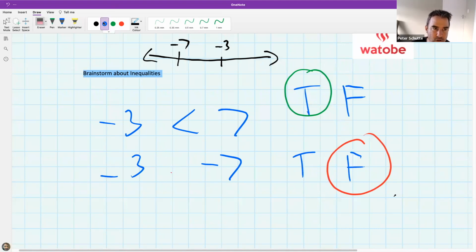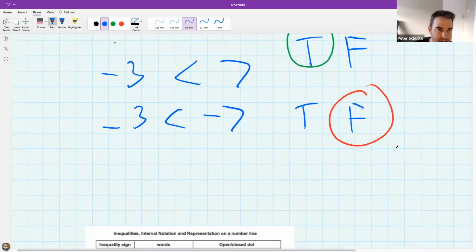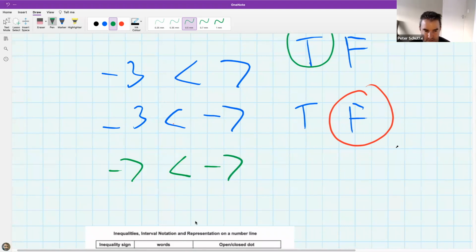Okay, so this is something that students sometimes find a bit confusing. So I thought, let me go over it. What about if I said to you, is -7 less than -7? True or false?